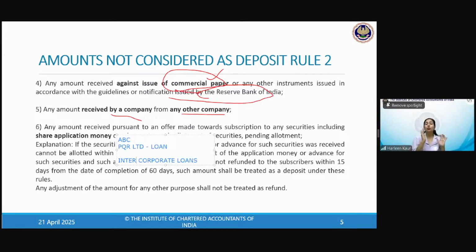Under Companies Act 2013, chapter 5, sections 73 to 76A, intercorporate loans are outside the purview of deposits. So if any question comes where a company is receiving money from another company, that is falling under intercorporate loans, which is dealt under separate sections. It is not a deposit. Clear to everyone?